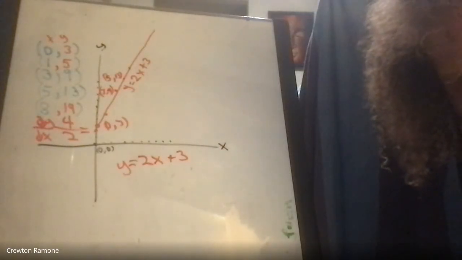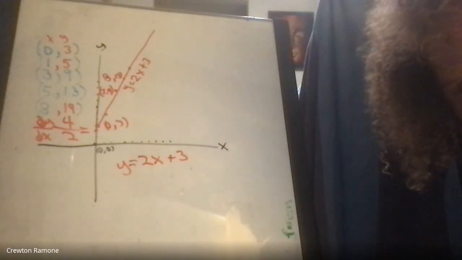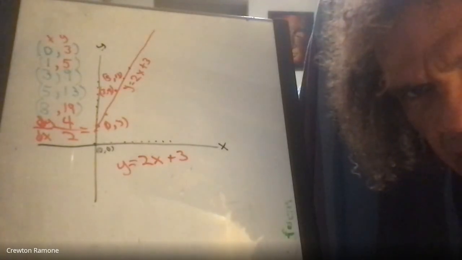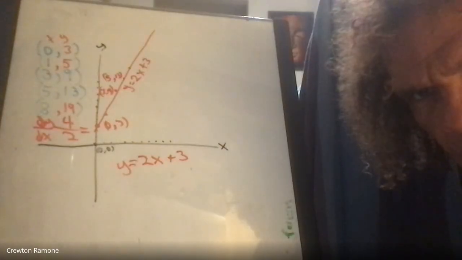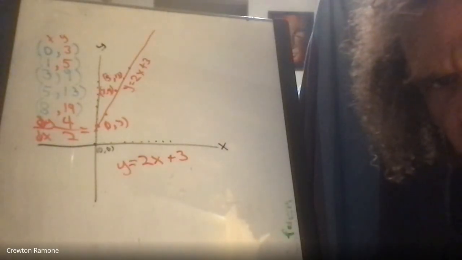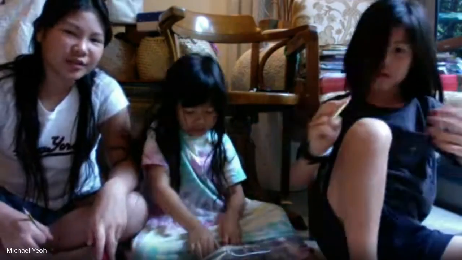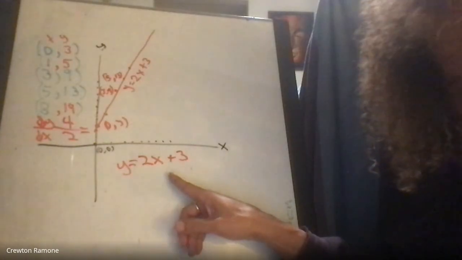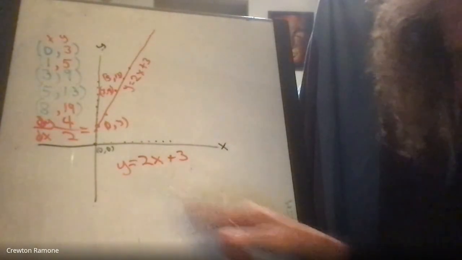What does times 2 mean? David, how many cakes are they making each hour? They started with 3, but how many are they making each hour? 2. That's what the 2 means. That's how many cakes they're making. That's the rate.